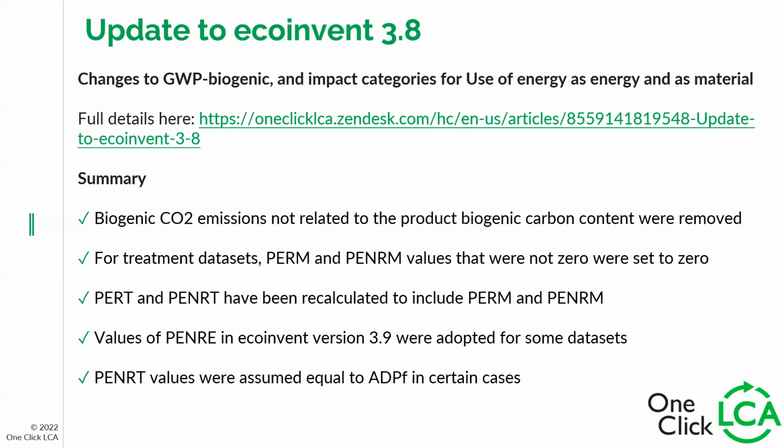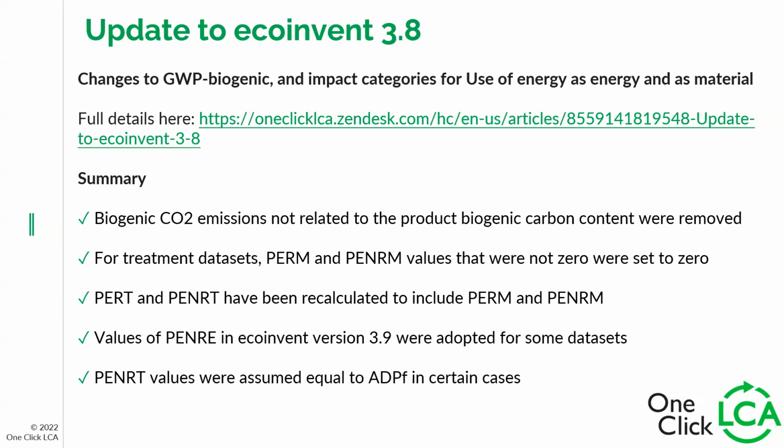The next 3 bullet points, so 3, 4, and 5, are not as relevant, but still important information, and some of you may be interested in what's happening in the background. The totals, PERT and PENRT, have been recalculated to include PERM and PENRM. At least in some instances, they weren't included, so they have been included now.